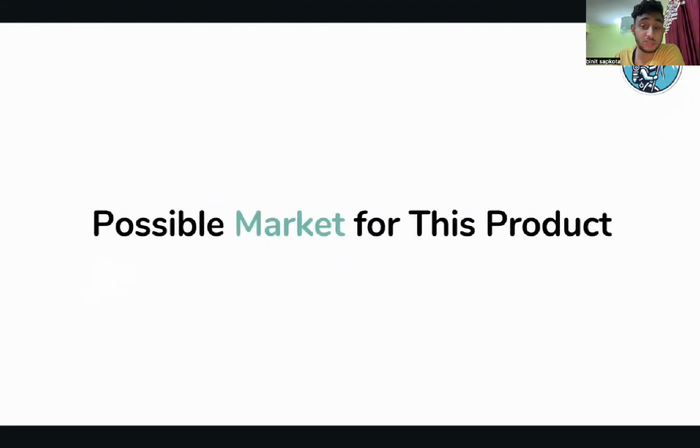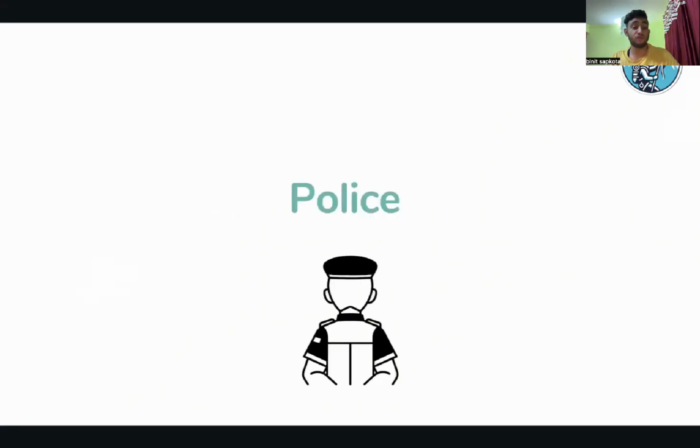Now, talking about the possible market for the product, for now we have thought that it will be used by our parents or persons who are not aware of the technologies, and someone who is aware of such scams can install an extension in their browser.